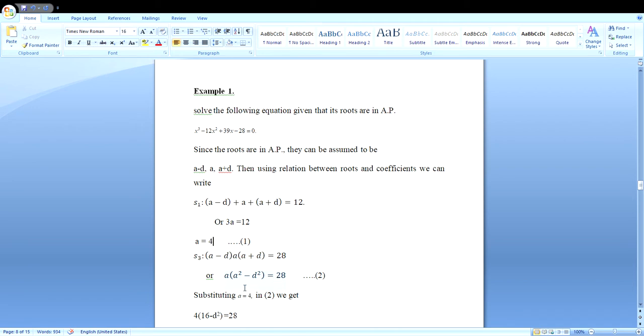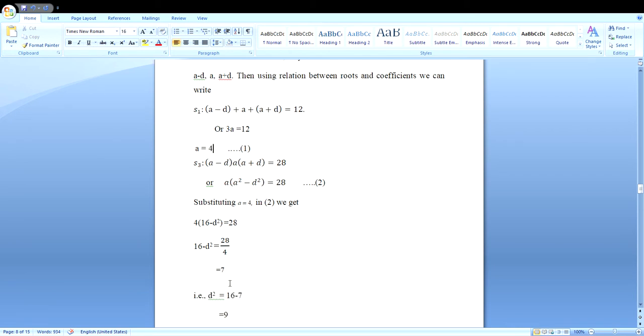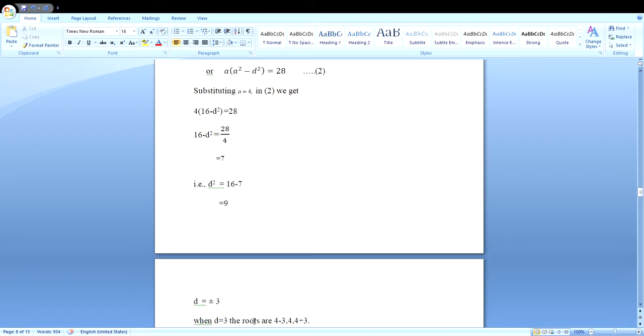That is, a into a square minus d square is 28. Substituting a equal to 4 in 2, we get 4 into 16 minus d square equal to 28. Or 16 minus d square equal to 28 divided by 4, which is 7. That is, d square equal to 16 minus 7, which is 9. Or d equal to plus or minus 3.